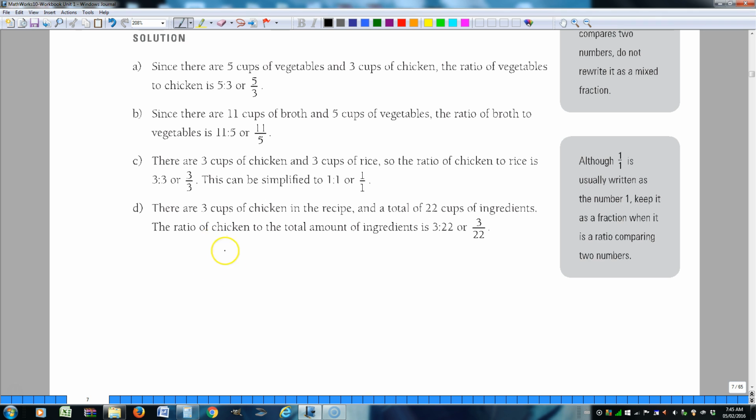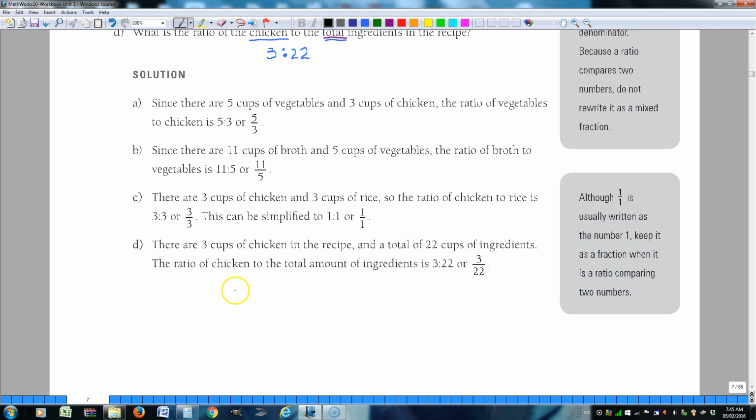In the original recipe, we have 3 cups of chicken compared to 22 cups of an entire restaurant size recipe. Now I want to keep these recipes in proportion. So I know I want a 5-cup recipe in total, but how much chicken is that? So 3 compared to 22, well, how much compared to 5?